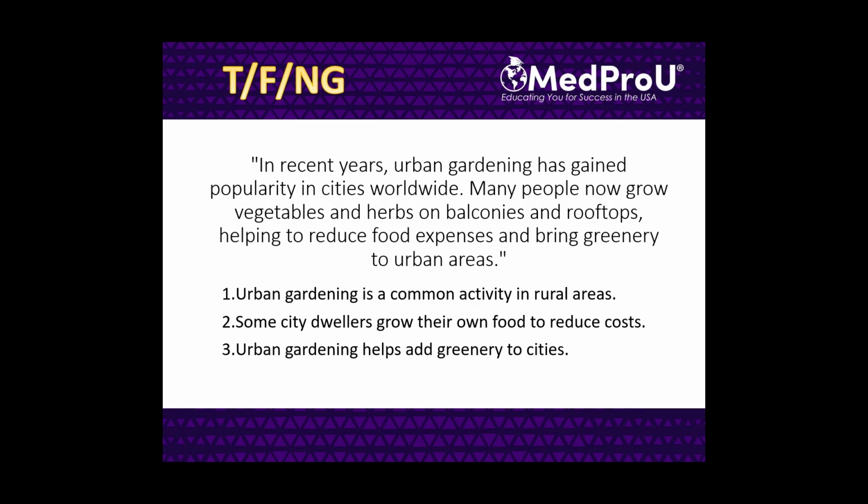So it's telling you the opposite. Urban gardening is mentioned, not rural. So number one is false. It is a trend in cities, not rural areas, so it is incorrect.